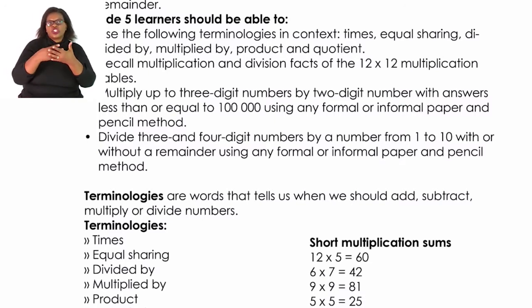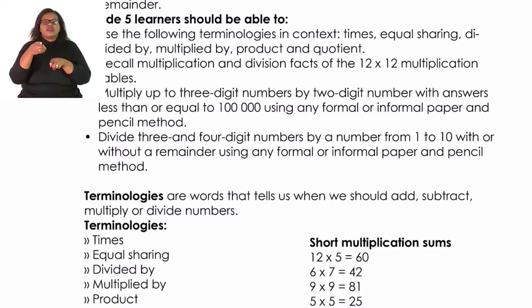The third competency, the learner should be able to multiply up to 3-digit numbers by a 2-digit number with answer less than or equal to 100,000 using any formal or informal paper and pencil method.